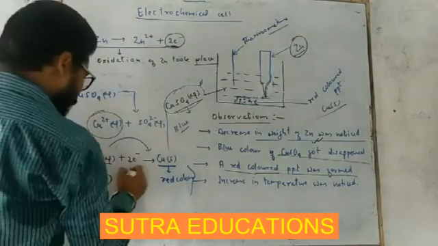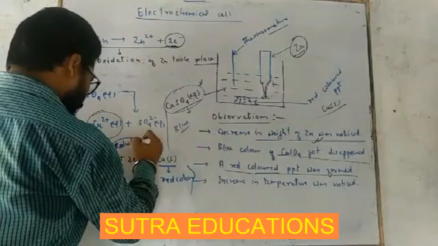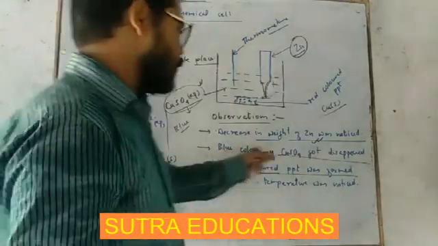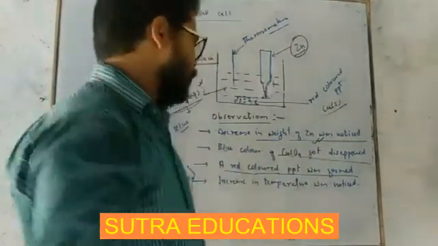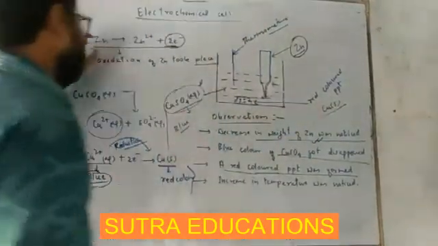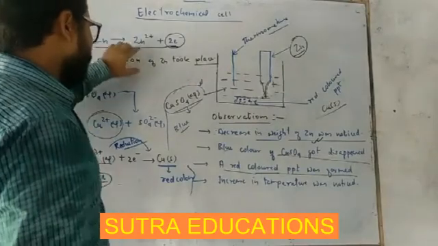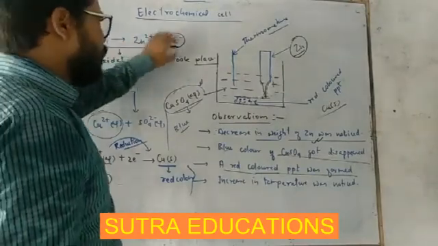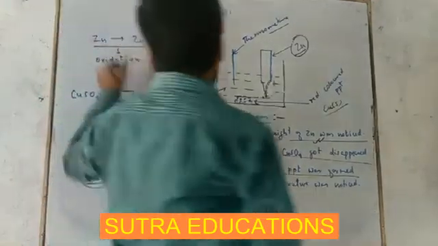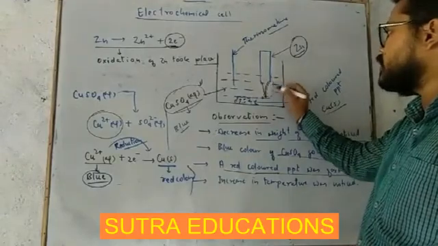So we say here reduction of Cu2+ is taking place, and that's why the blue color of copper sulfate got disappeared. Decrease in weight of zinc was noticed. Why? Zinc is oxidizing into Zn2+ and 2 electrons, and these 2 electrons are being accepted by Cu2+ ion, and in this way, mass of zinc is being consumed.